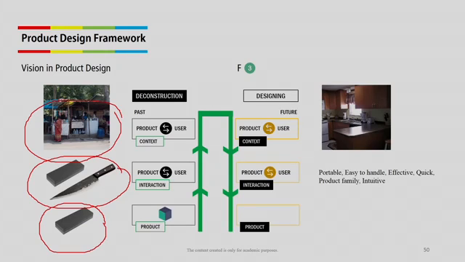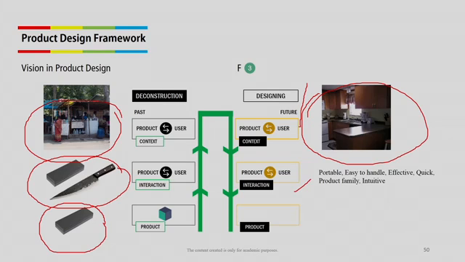Then we have to assume the future, the new context. In this new context, what will be the interaction between product and user, and based on that we have to come up with a brief of a product.